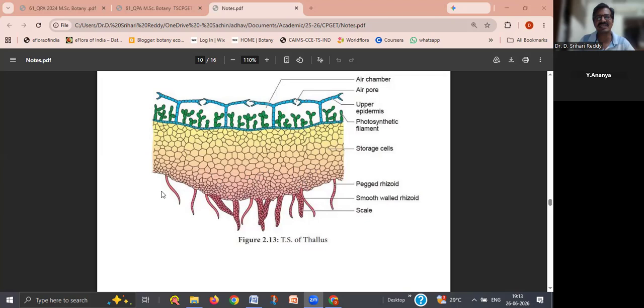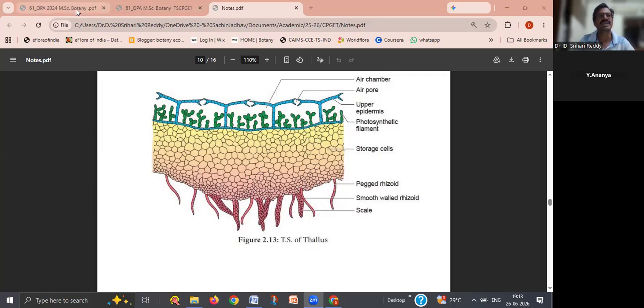So how are the rhizoids? You see the rhizoids, these are unicellular but they are pegged inside. Pegged structures, that is the main feature of the rhizoids in Marchantia.